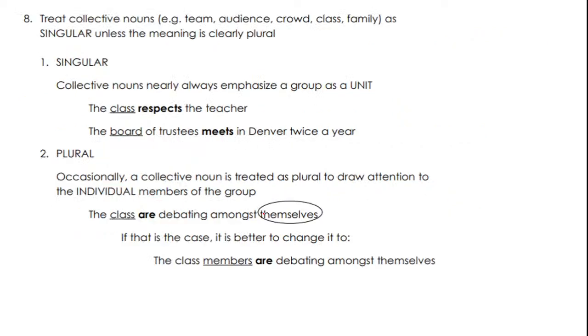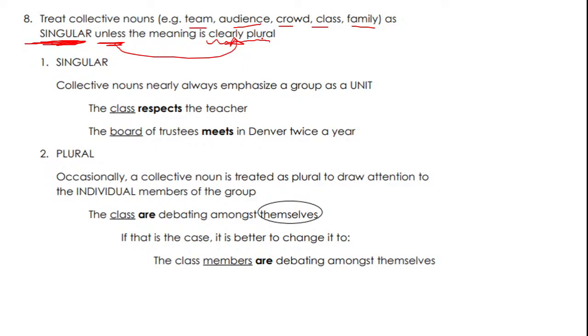So, rule number 8, whatever the collective nouns have been given to you over here, like team, audience, crowd, class, family, etc. All these have to be treated singular only until and unless the meaning of that collective noun is clearly mentioned to be plural. स्टेटमेंट के अंदर कलेक्टिव नाउन का अगर मीनिंग प्लूरल निकल के आने वाला है, तभी हम उस कलेक्टिव नाउन को एज अ प्लूरल ट्रीट करेंगे.